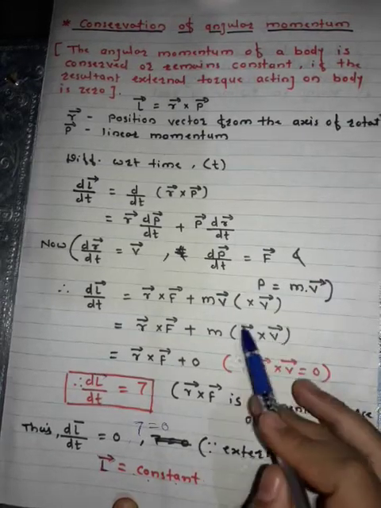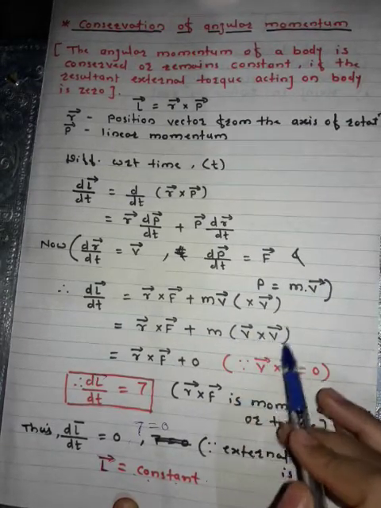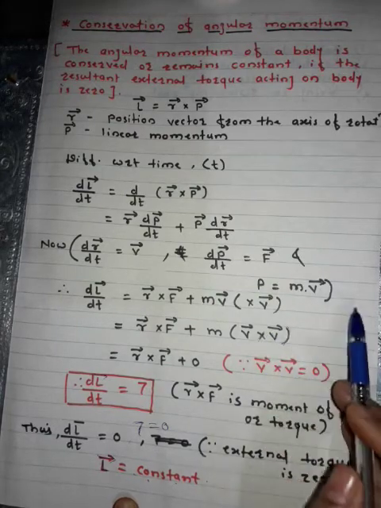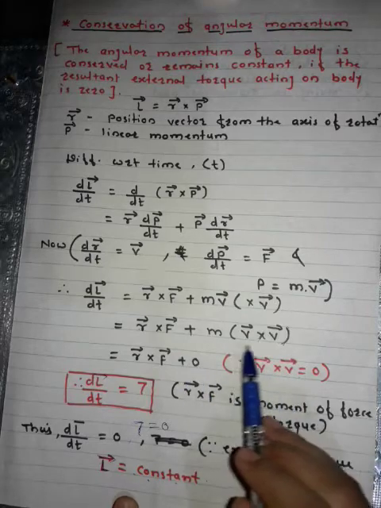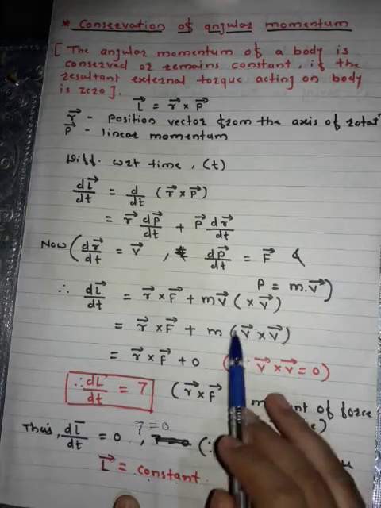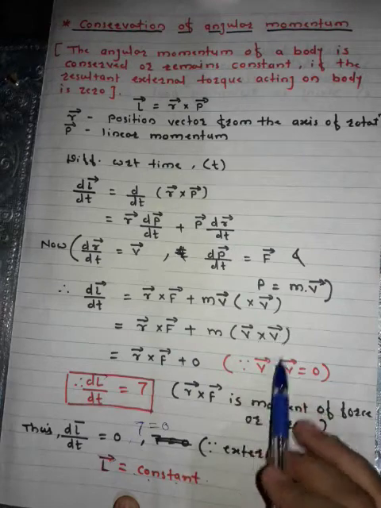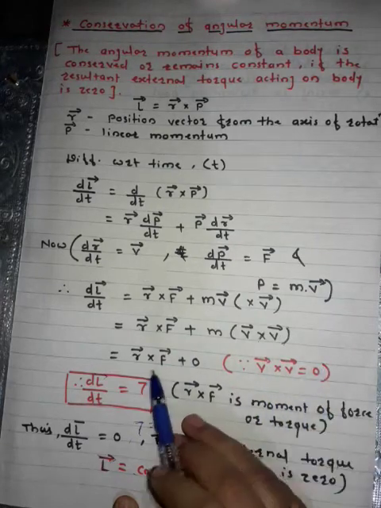This is the cross product v bar into v bar. In 11th standard you have studied the characteristics of the cross product, that the cross product of the same vector is equal to 0.